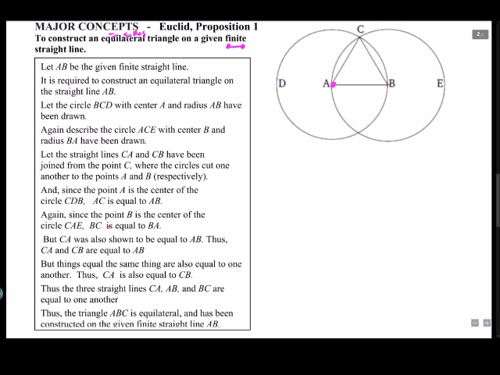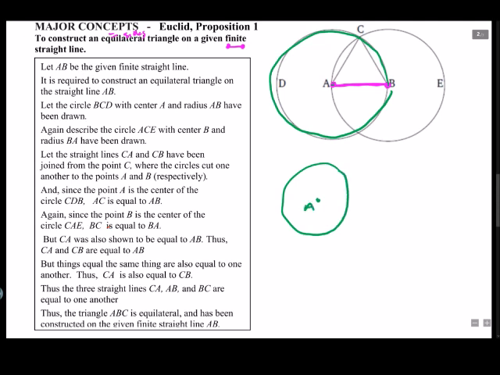So he said, let's take segment AB. And I want to construct an equilateral triangle, which means all of the sides are going to have this given length AB. And what he did was he said, let's take our circle BCD, that's this one right here, and say that it has center A. So I'm going to draw that circle down here.